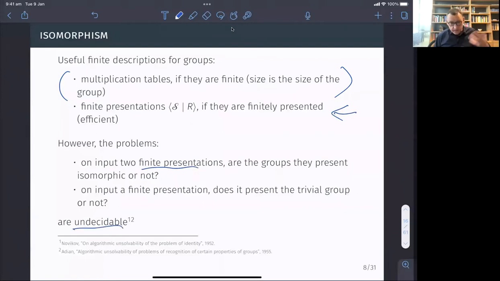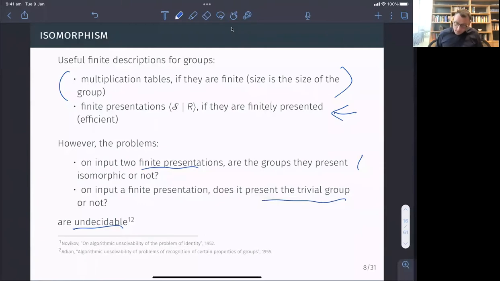This is Novikov, and then also proved by Boone later. And given as input a finite presentation, does it present the trivial group? You think, oh, that must be easier. That's also undecidable, by Adian and then Rabin. So these problems in general, when the inputs are presentations, are undecidable.